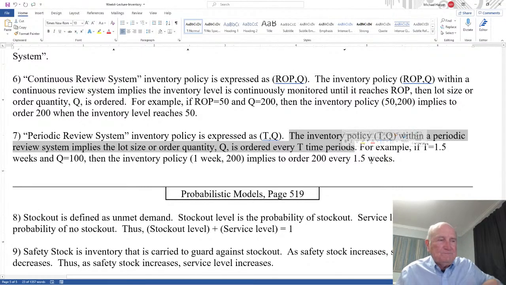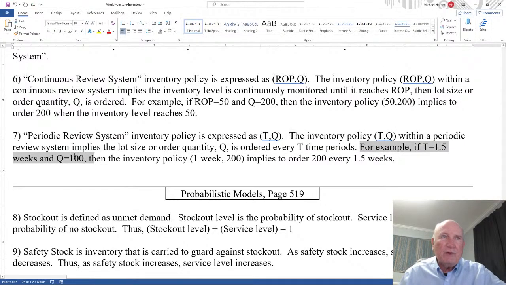For example, if T is 1.5 weeks, that's the time between orders, and Q is 200, and that's how much you're ordering. Then the inventory policy of 1.5 weeks, 200 implies order 200 every 1.5 weeks.